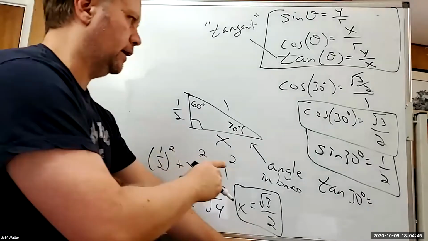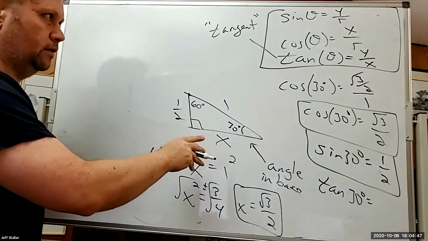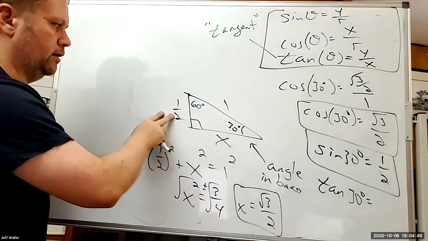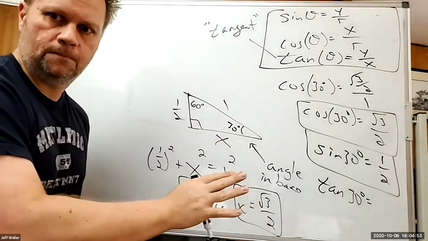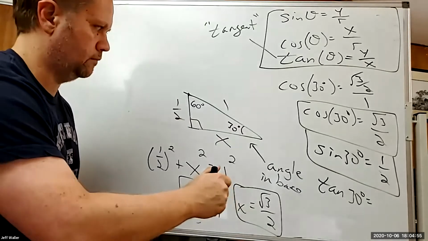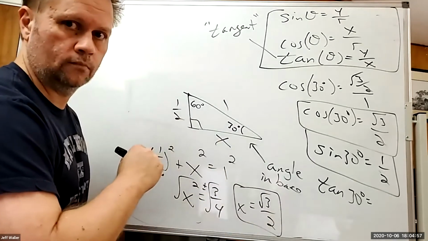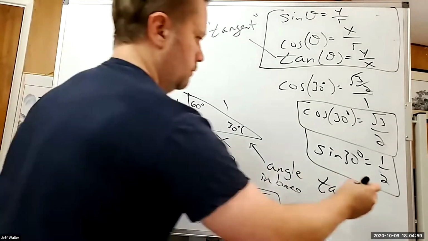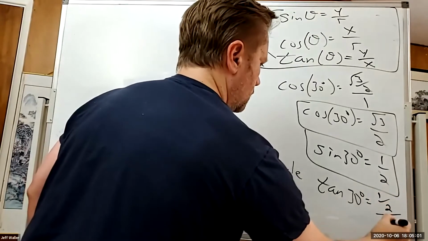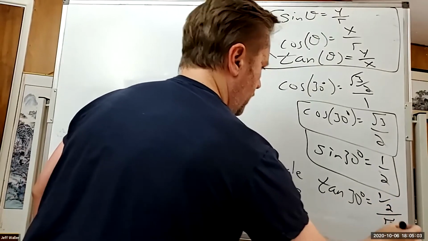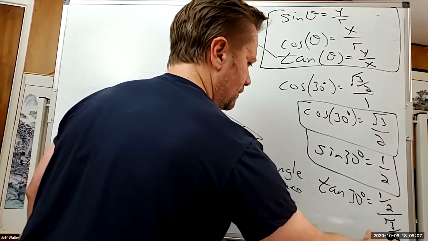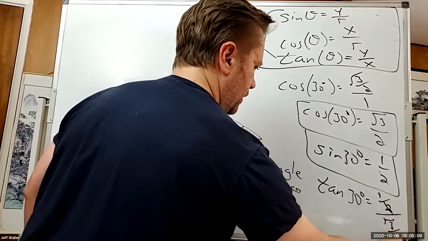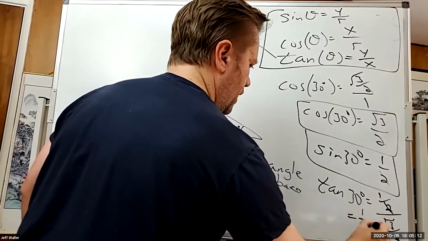There's two ways to kind of get this, but it's going to be the ratio of y to x, right? One half divided by the square root of 3/2. And what happens to the halves? They cancel. So I get 1 over rad 3.